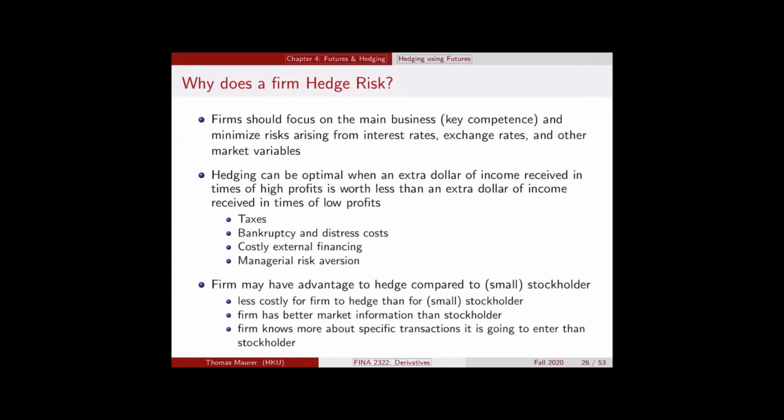More important are probably bankruptcy and distress costs, and that's also related to costly external financing. So suppose you're a company, and during good times, it's very easy for you to raise new capital. But during bad times, if you're very close to bankruptcy or if you are in distress, then raising more capital might be difficult, because investors don't really want to give you money if they know that you are in trouble.